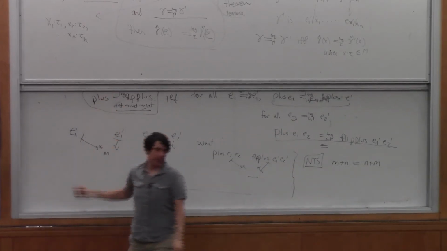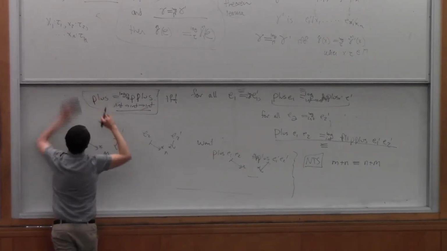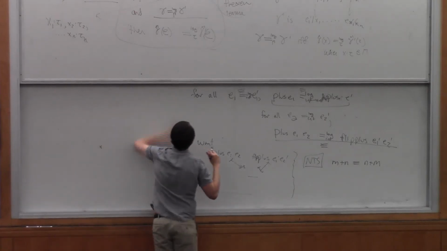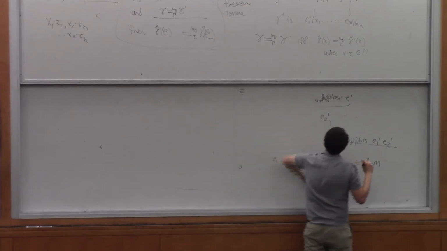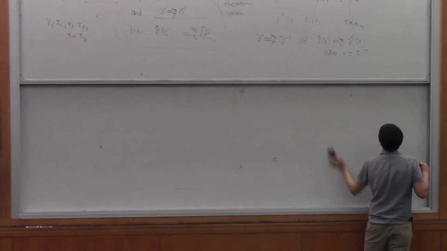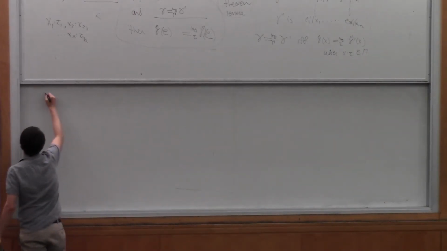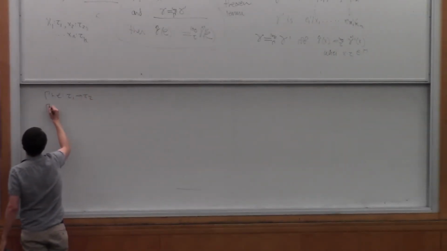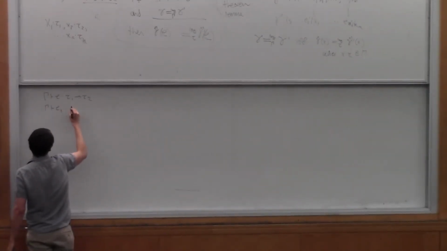Okay, next case. Let's try, suppose that we have E being tau 1 arrow tau 2, and E1 being tau 1.